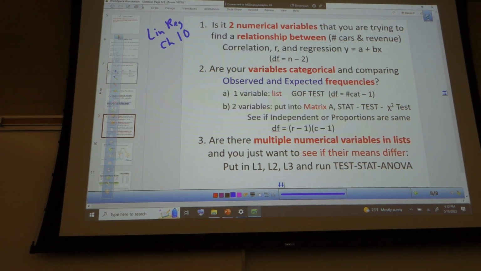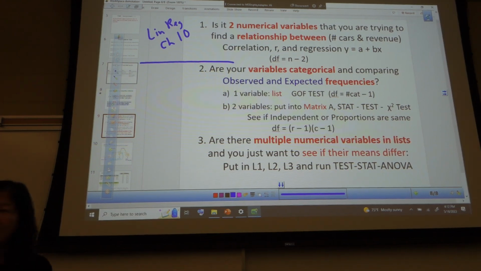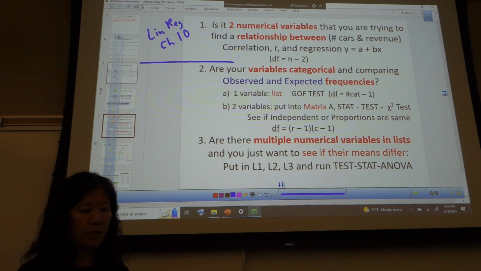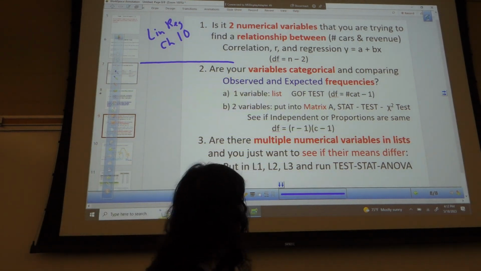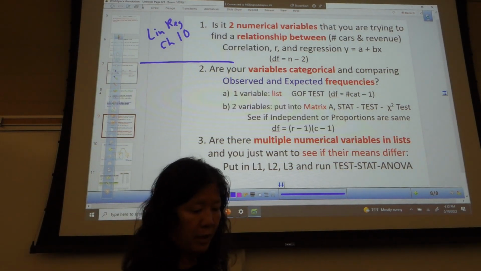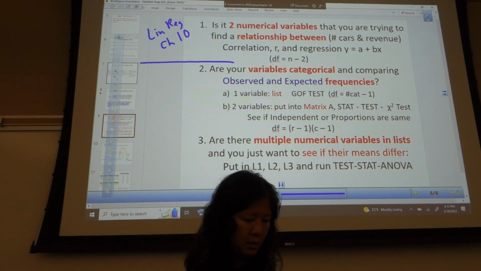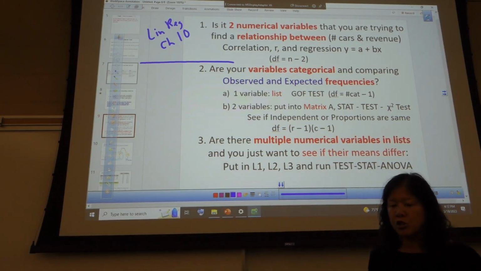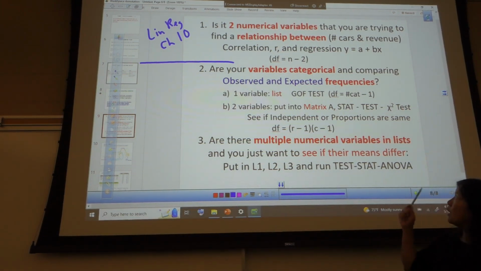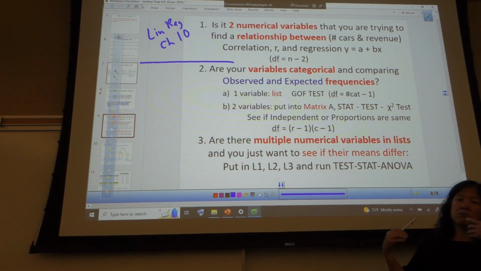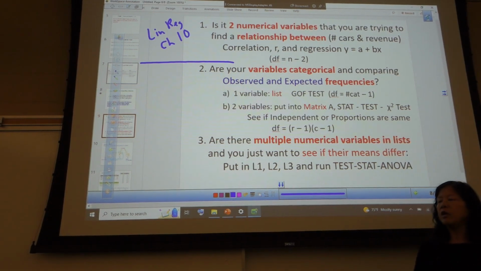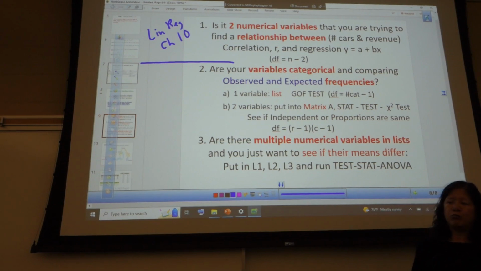If what you know about them are categories, again, they're going to have words like possibly frequencies will be in there. Categories will be in there. Proportions might be in there. So what you know about them is a color, or what cuisine of restaurant do they like?